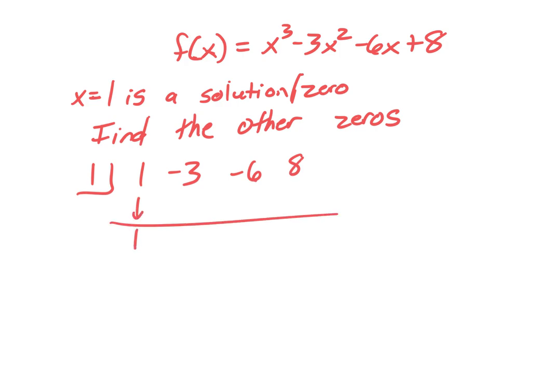I'm going to bring down the 1. And if I tell you that it is a factor, I better get a remainder of 0. Non-negotiable. If I don't get a remainder of 0, I have done something wrong, because I already told you that it is a 0.